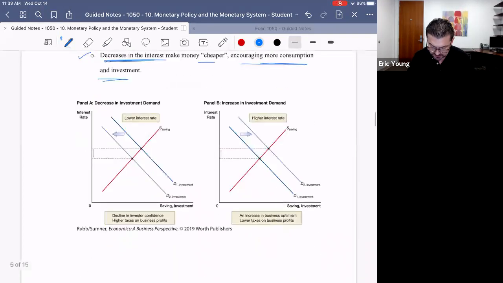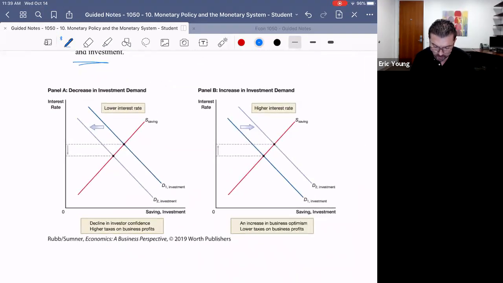Okay? You can see this in a couple of panels. We see here in panel A, we have a loanable funds market, a money market at equilibrium, starting right here. We have the initial interest rate. Well, let's say that something happens. Maybe there's a decline in confidence, there's higher taxes or whatever, but there's some sort of a decline in investment.